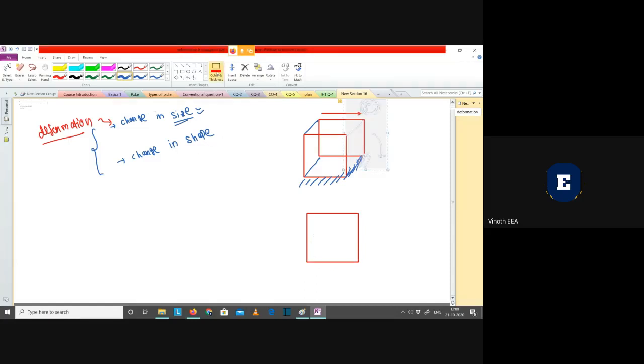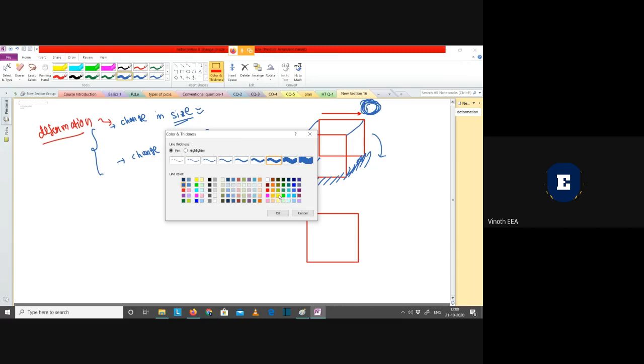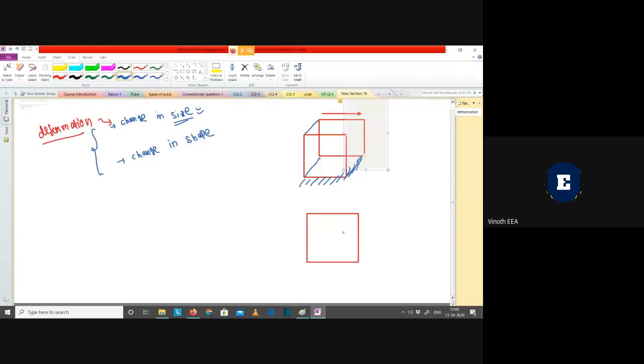Let me show you in another color. Initially this is how your front view looks, but after application of force F, it's going to look something like this. So there is going to be some small change in the angle, or you can say change in the shape. Initially the front view was something like a square, but now it is something like a parallelogram.